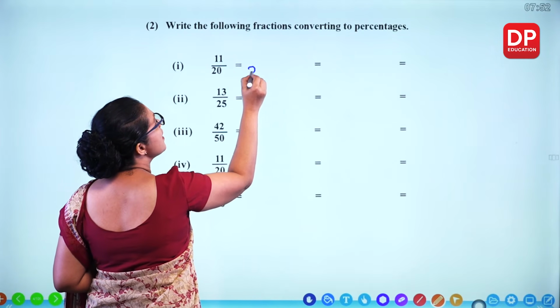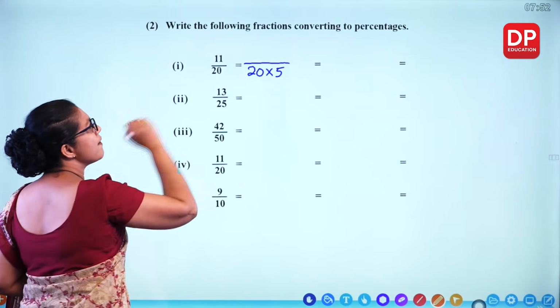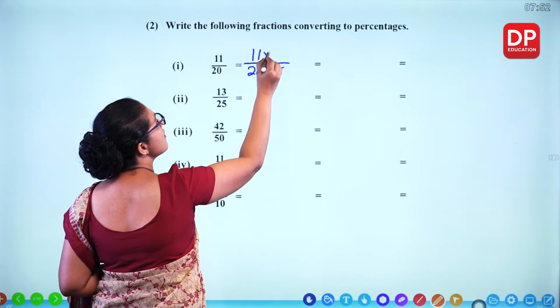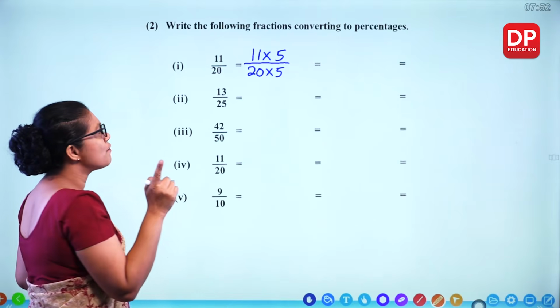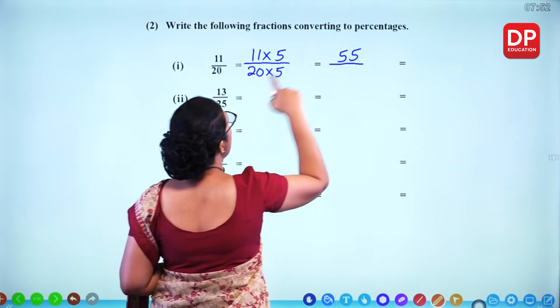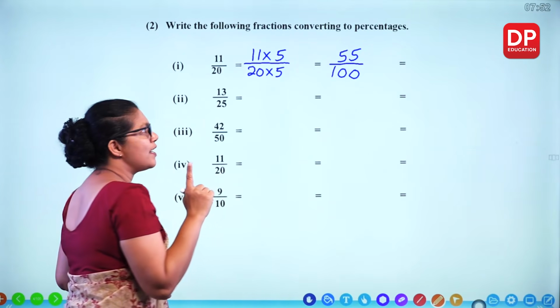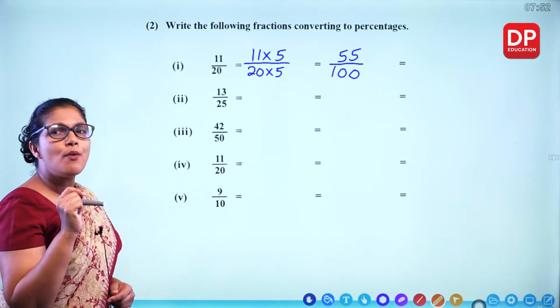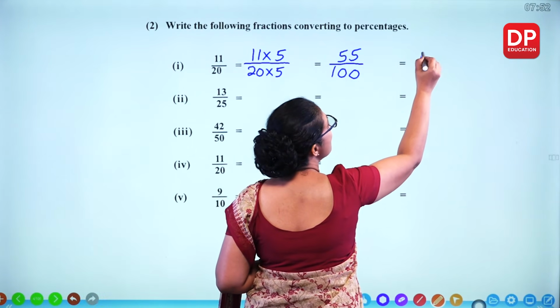I'll write 20. I need to convert to 100. I'm multiplying this by 5, so you do the same to the numerator. 11 times 5, you get 55, and 20 times 5, 100. Now we know this is a fraction with denominator 100. So what's the percentage? 55%.